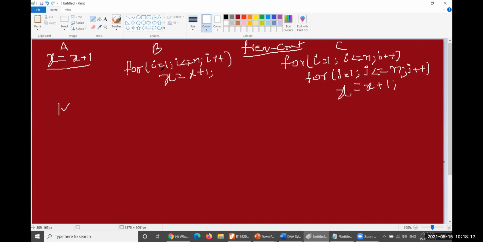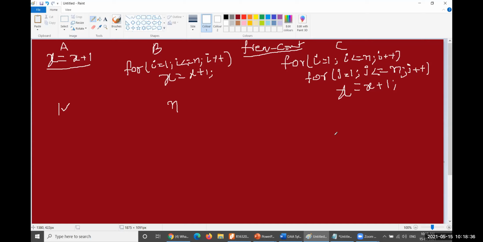Whereas if you consider this program with x equal to x plus 1, where n is the input of the control structure, how many times is it going to execute? N times. Then in the nested one, how many times is x equal to x plus 1 going to execute?